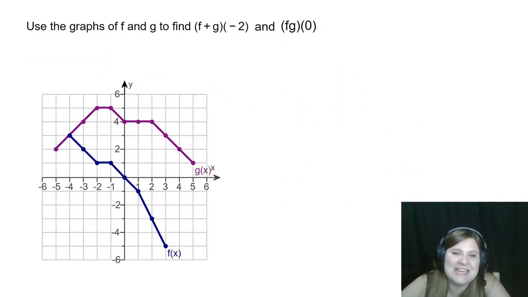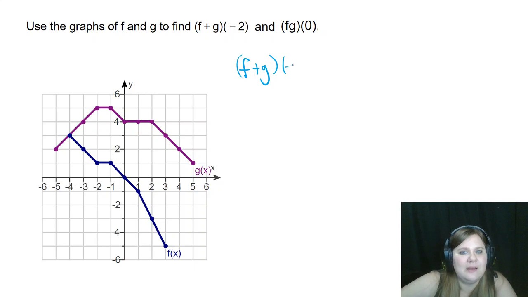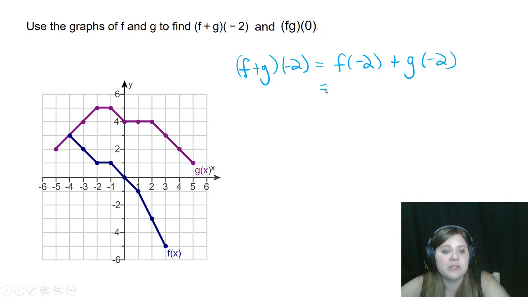All right, so let's take a look at this and see if we can simplify some things. So f plus g of negative 2. Reminder that what I'm saying here is f of negative 2 plus g of negative 2. Looking at our graph, what is f of negative 2?